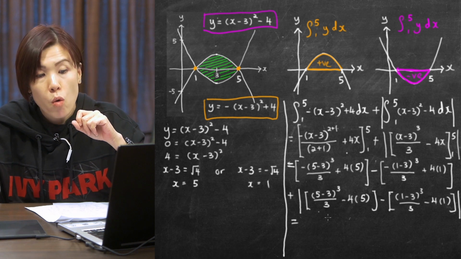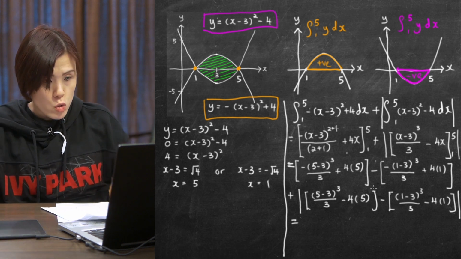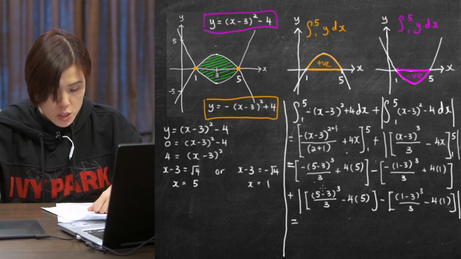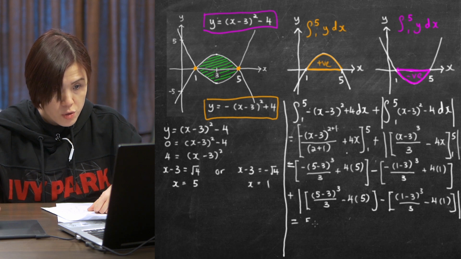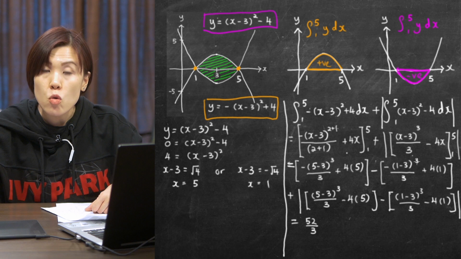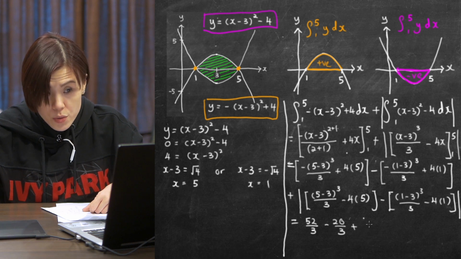If you key in this whole thing in the calculator, you get a negative value, and you need to remove that negative. So if you key in everything, then for the first substitution, which is 5, you will get 52 over 3. And then for the second substitution, when you substitute 1, you will get 20 over 3. And then plus the modulus.